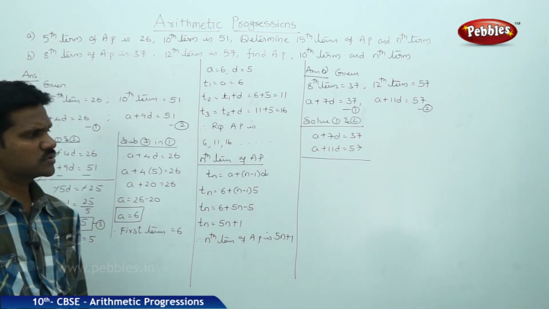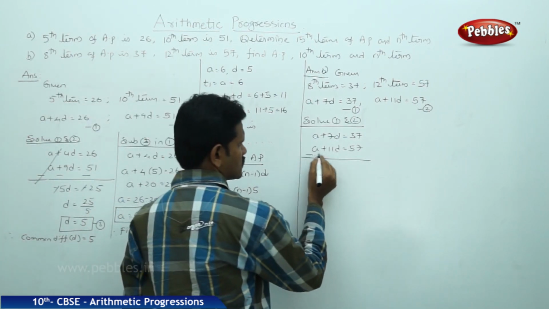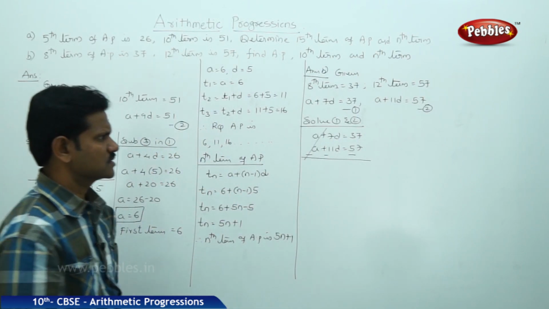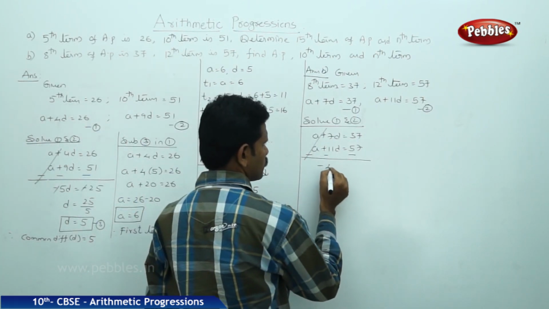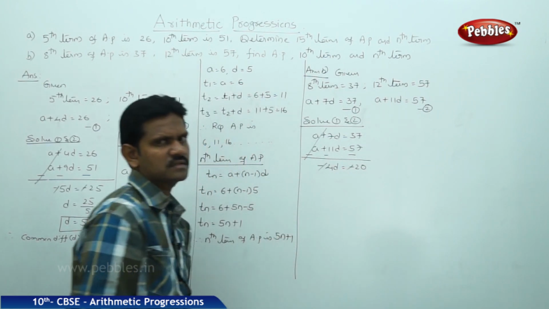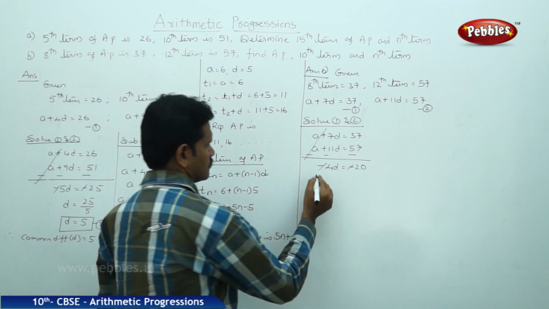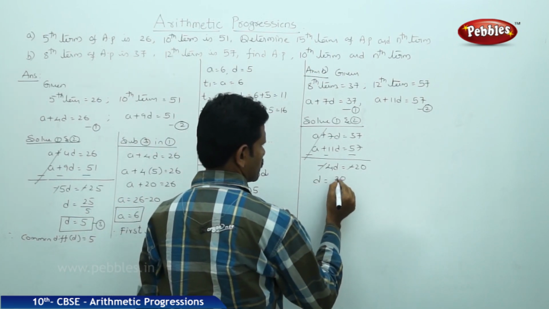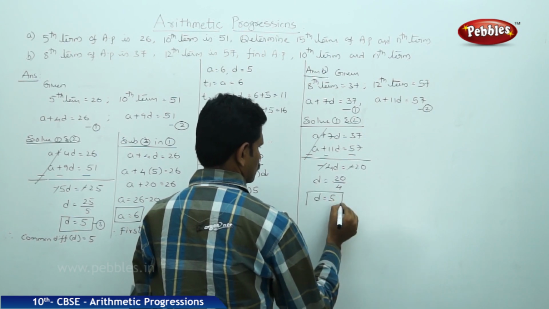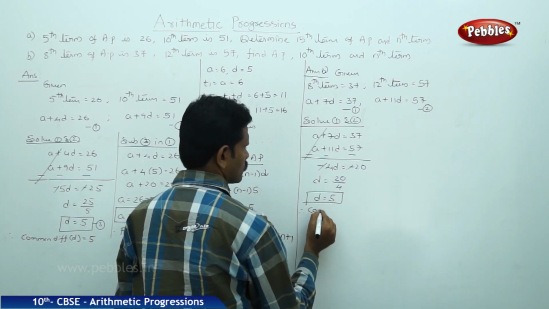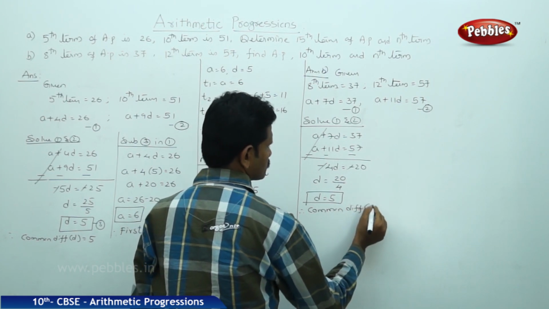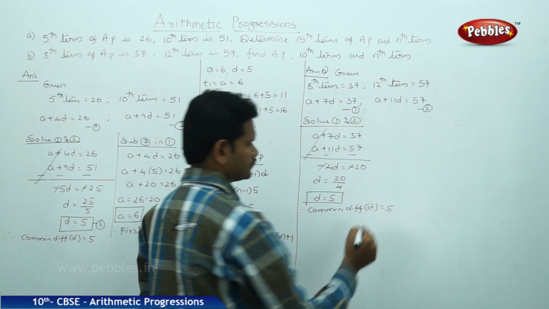Now subtraction process, signs change. 7 minus 11 is minus 4d, equal to minus 20, minus minus gets cancelled. d is equal to 20 by 4, that is d is equal to 5. Therefore, the common difference d is equal to 5.